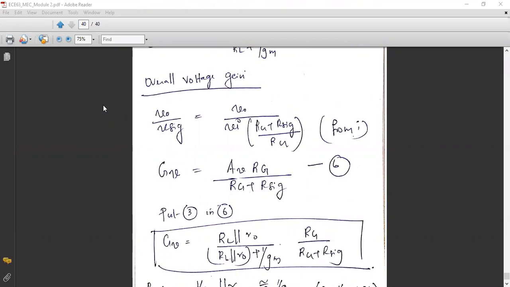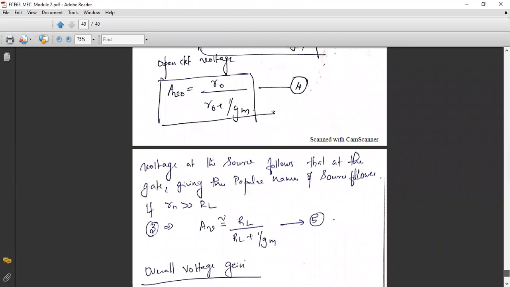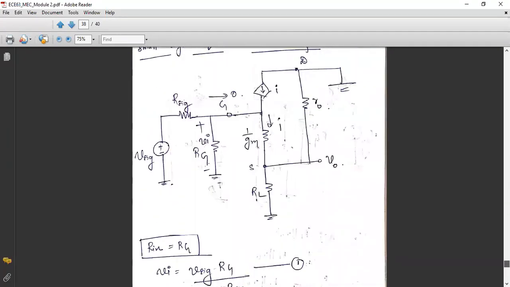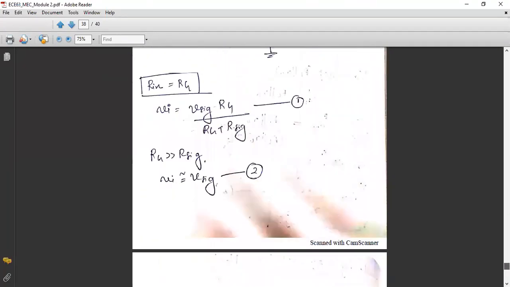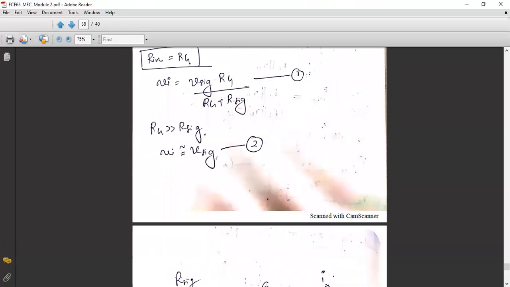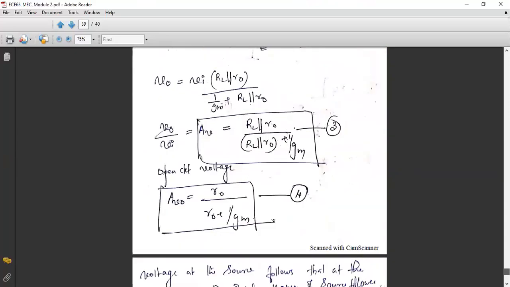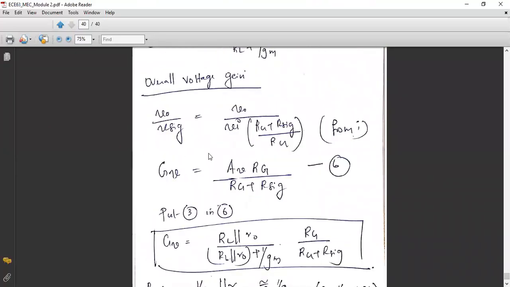So what is this Vsig? Vsig in terms of Vi, we already know. I have already written it in equation number 1, right? So from this you can replace Vsig in terms of Vi: Vi into Rg plus Rsig divided by Rg. We know the relation between Vsig and Vi, so easily we can replace it here. And what is V0 by Vi? V0 by Vi is Av.